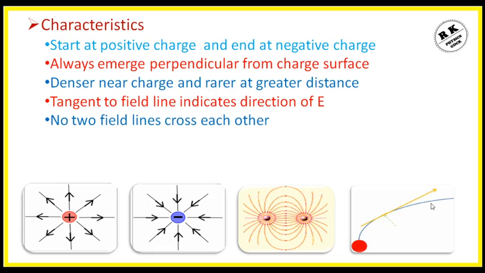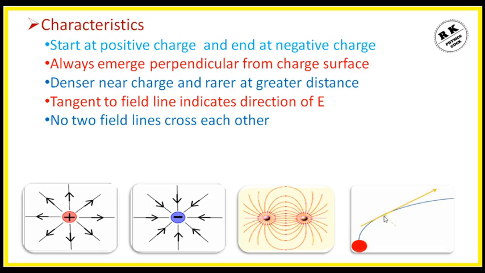The next property is that no two field lines will cross each other. We can look into this figure. We do not notice any two electric lines of force crossing each other. The question arises, what happens if they cross each other?